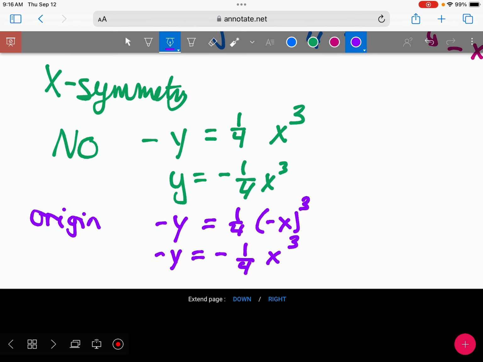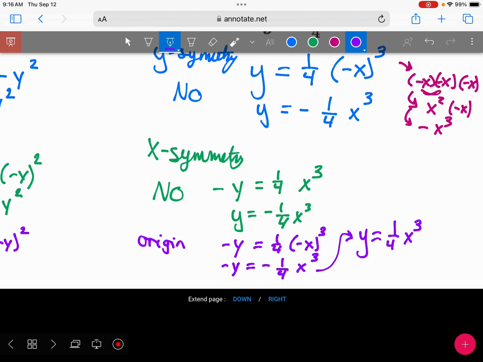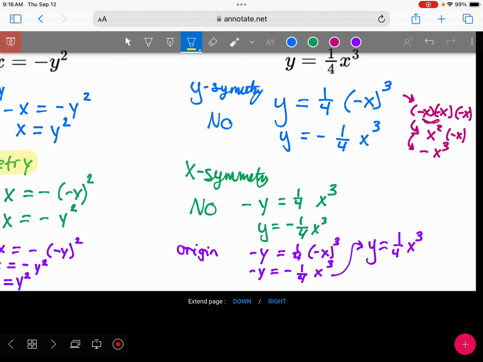And then what do I do to get my y by itself? Divide by -1. So we have our y equals 1/4 x cubed. Does that exactly match what we started with? Yes, it does. So since this matches this exactly, that means we have origin symmetry. So we have origin symmetry on this one.